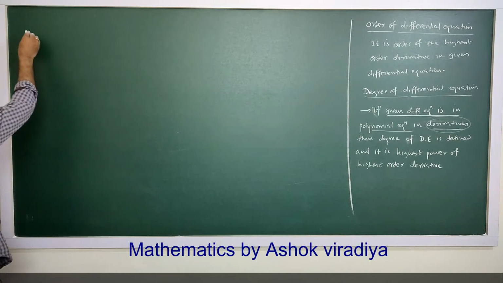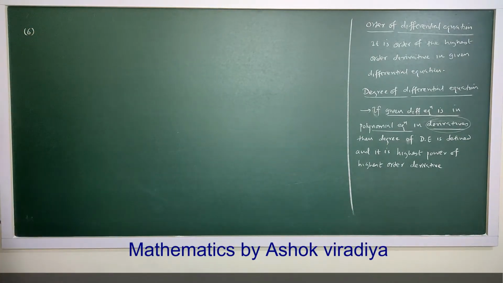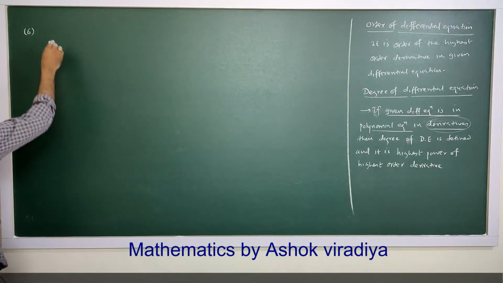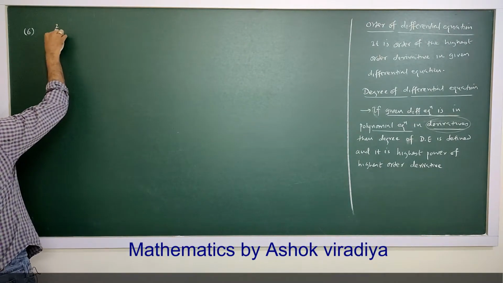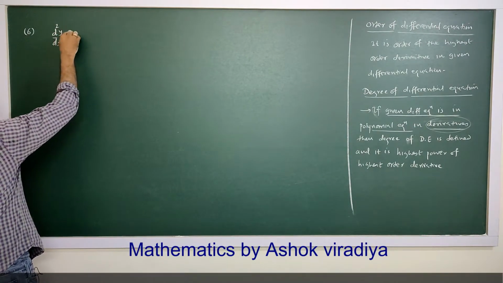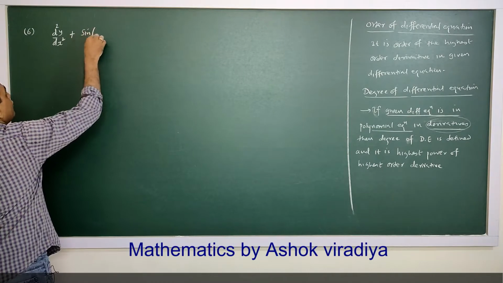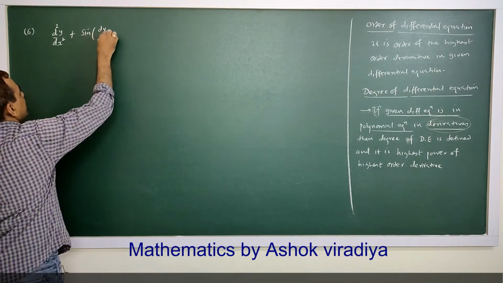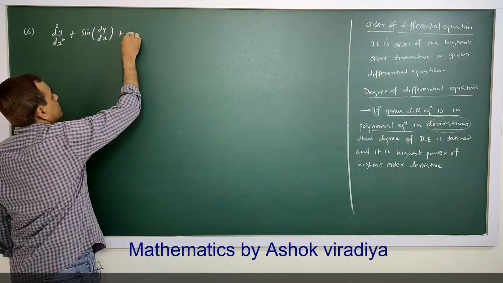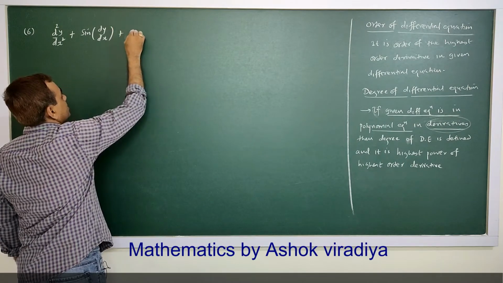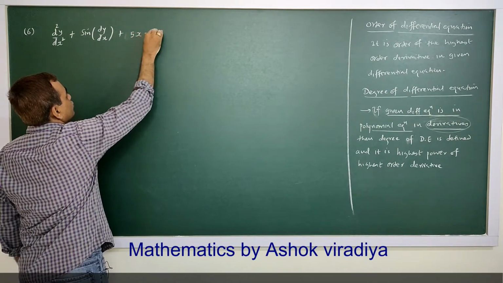Now taking a 6th equation. Suppose I am taking d square y by dx square plus sine of dy by dx plus cos x plus 5x equal to 0.